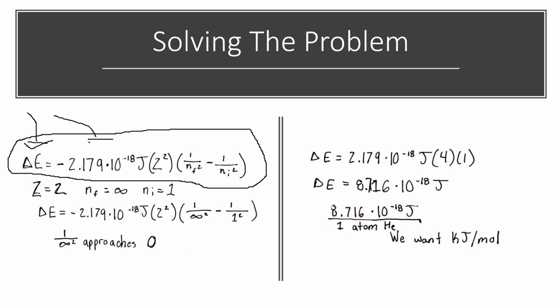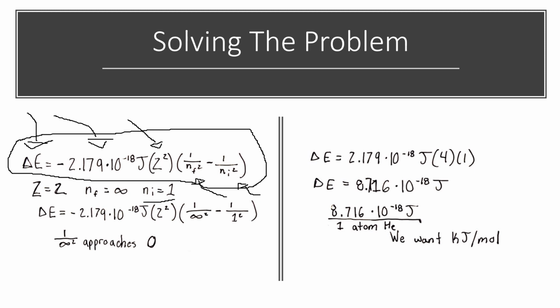This is the Rydberg constant, as mentioned before. Z is the atomic number, basically the number of protons that the element has. NF is the final shell of the electron that is making the jump, and Ni is the initial shell of the electron. And in this case, since it's He+, the initial shell is 1.